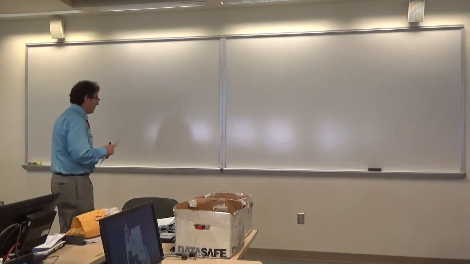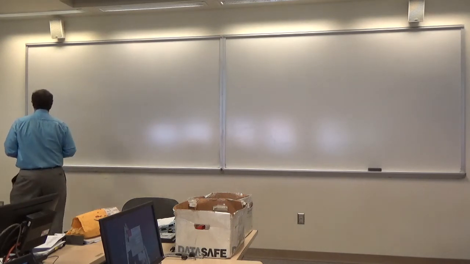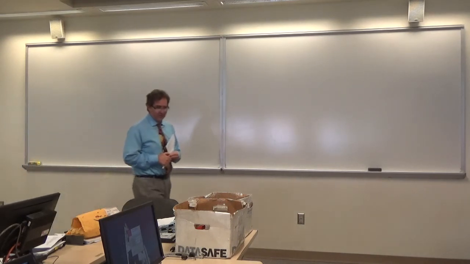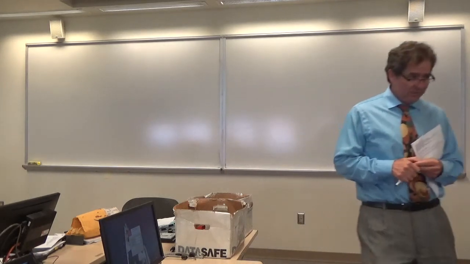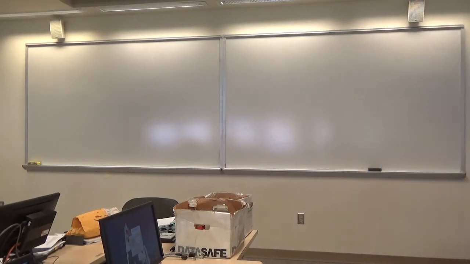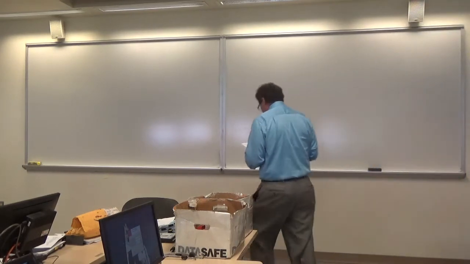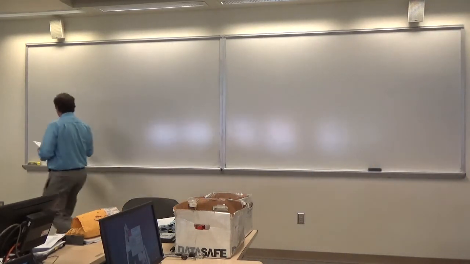So let's get started. Let's start with the first valuation methodology. Which one are we going to start with? Perpetuity. Okay. And then what do we need to calculate the intrinsic value using the perpetuity model?